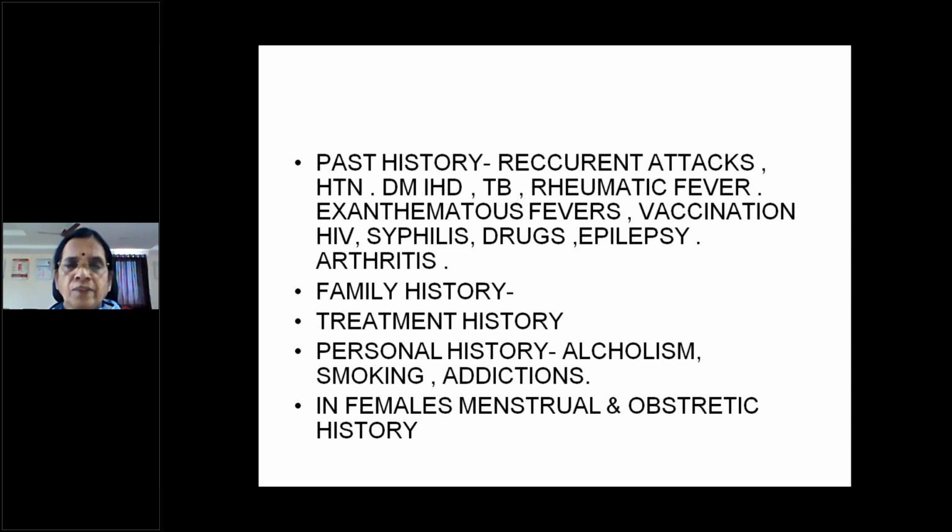And IHD, ischemic heart disease, they may develop an embolic phenomenon, or because of usage of drugs they may develop atherosclerosis, or it can be a hemorrhage. So anything can occur with hypertension, diabetes and ischemic heart disease.